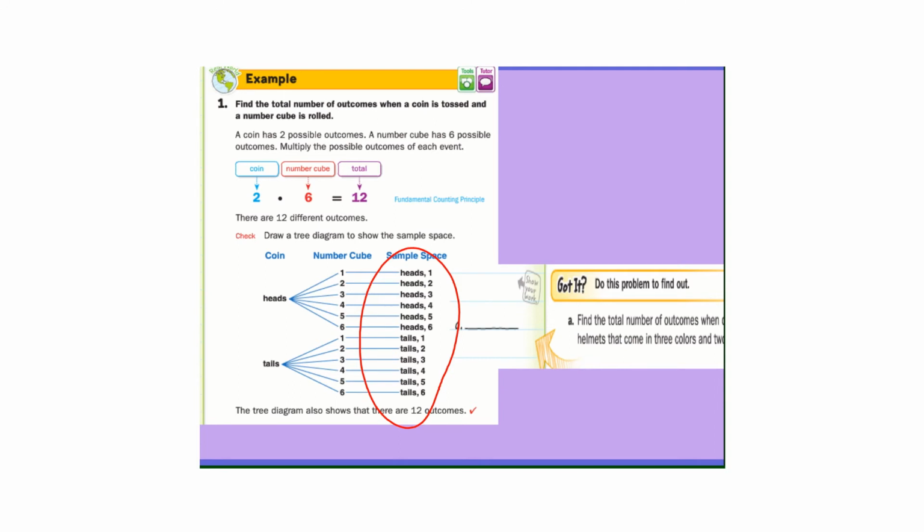So part A here, under the got it, says, find the total number of outcomes when choosing from a bike helmet that comes in 3 colors and 2 styles. So how many outcomes would that be? 6.